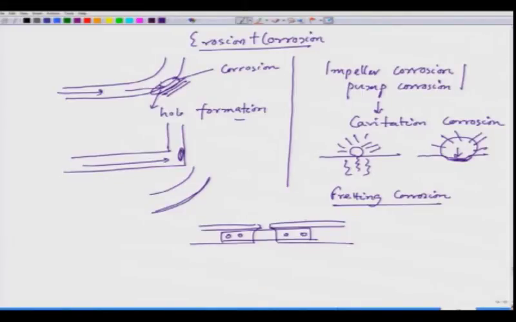Now, when a rail moves, there would be a small vibration around that fish plate region. The vibration could be this way or this way because of expansion and contraction. This vibration is small, the amplitude is so small that it remains in the fretting regime.